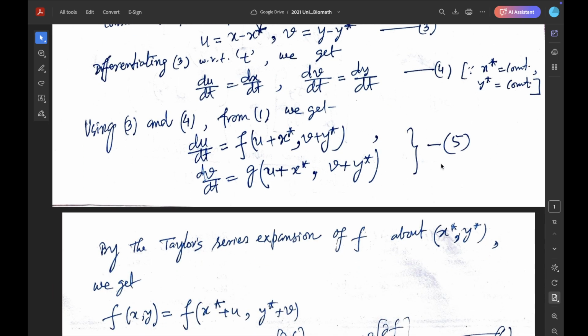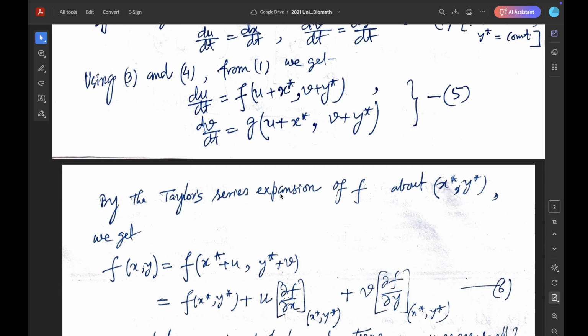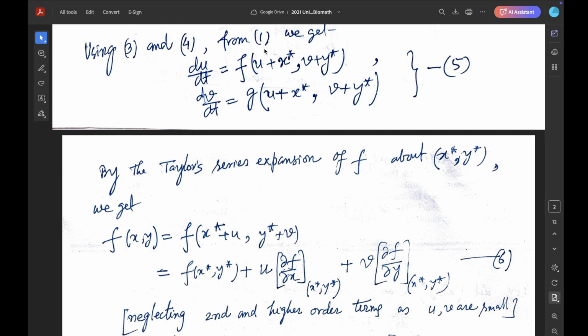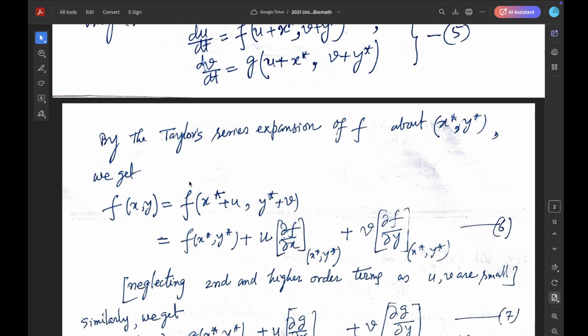This is system 5. By Taylor's series expansion of the function f about the point (x*, y*), we get f(x,y) = f(x* + u, y* + v).